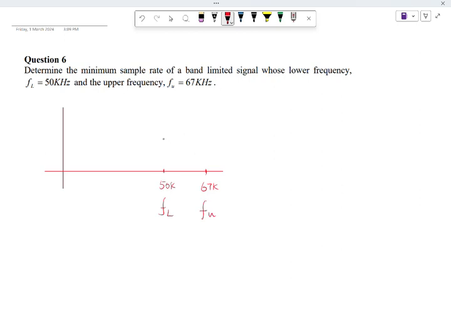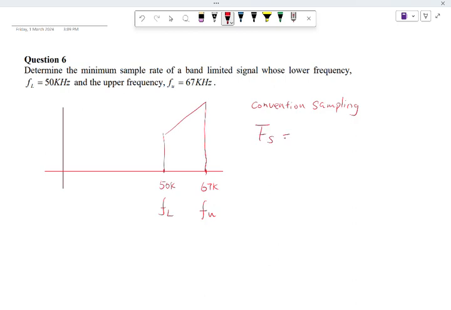Let's assume this signal looks like this, an arbitrary shape. So conventionally, if you use the sampling theorem, what is the sampling frequency?